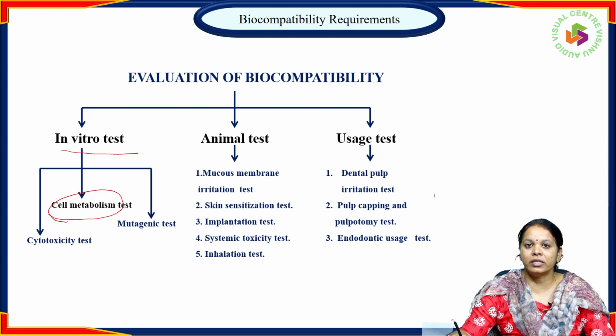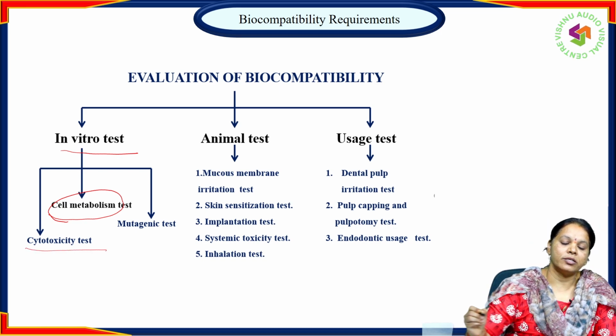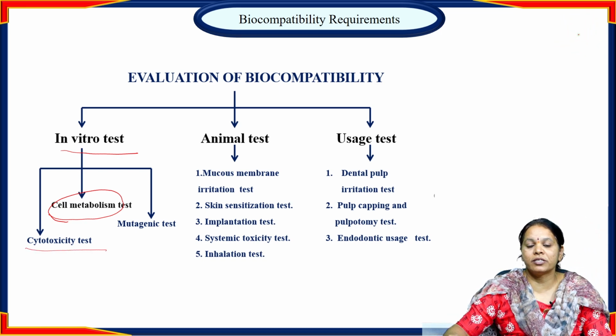So at the cellular level, we will be able to assess whether it is safe for the tissue or not, for which we will be checking the preliminary study of cytotoxicity. The cytotoxicity test would be of major interest because it will give a clear-cut idea of whether the material is safe for the cell or not.